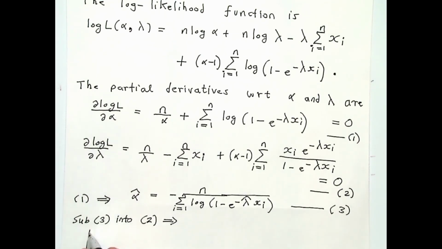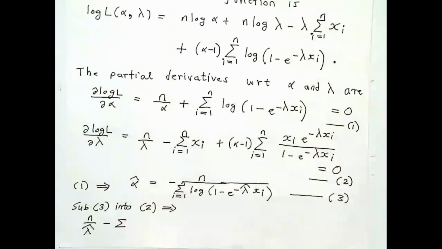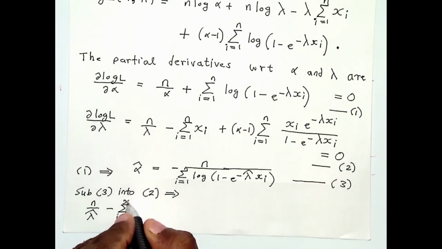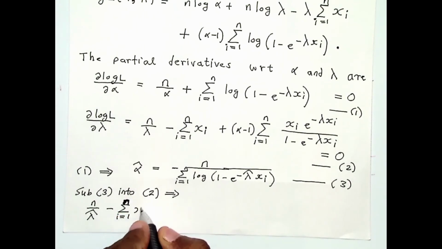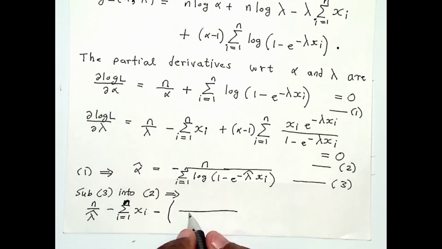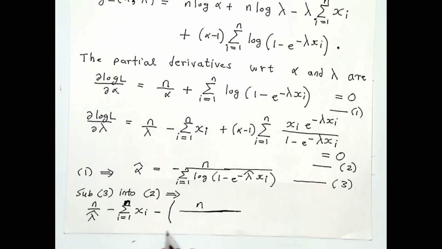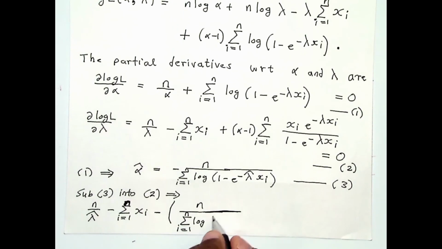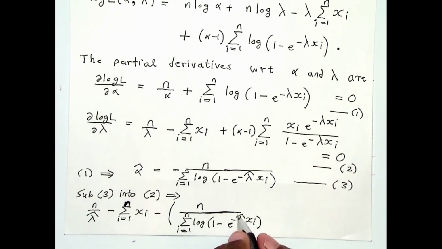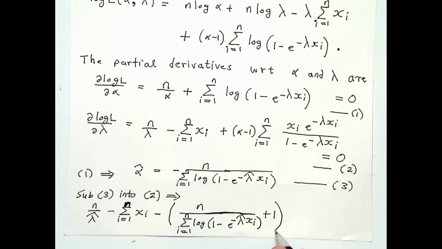You will get n divided by lambda hat minus the sum of xi, then minus, then multiplied by the following.